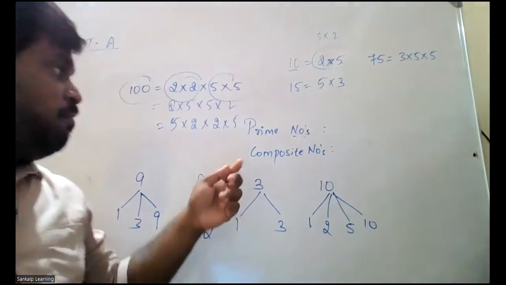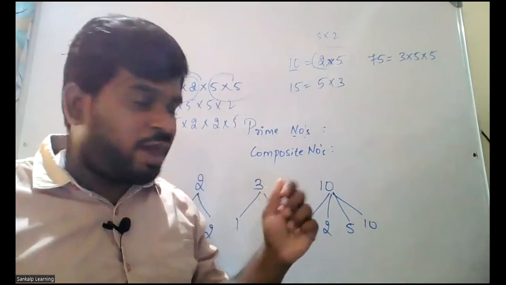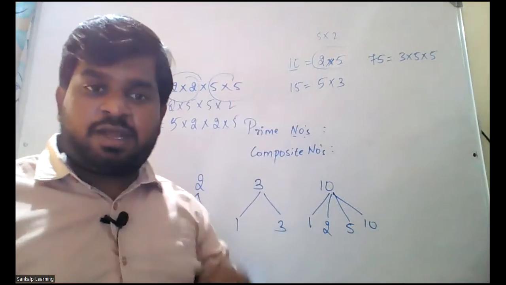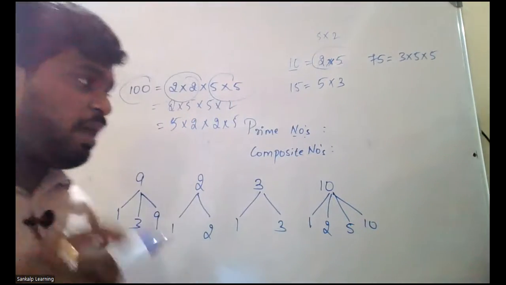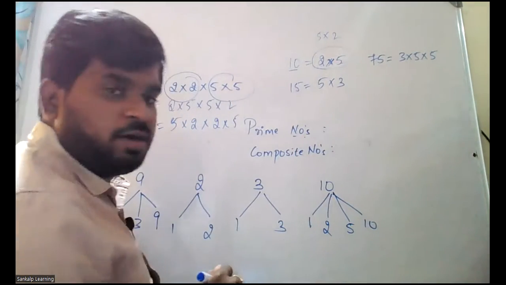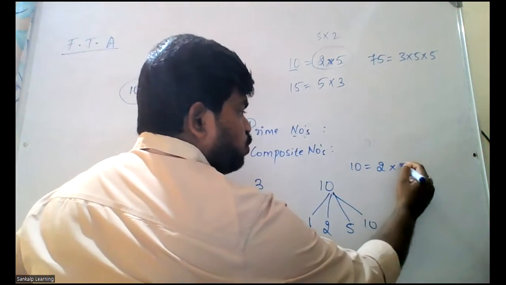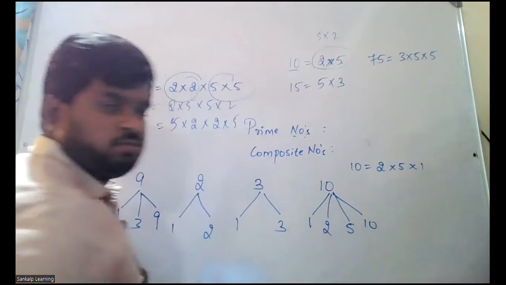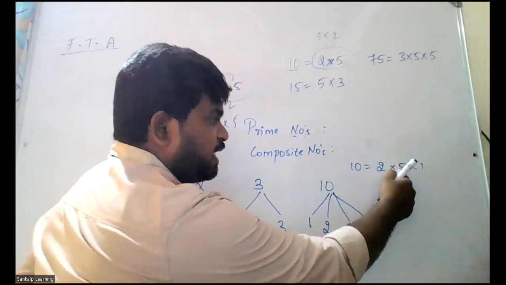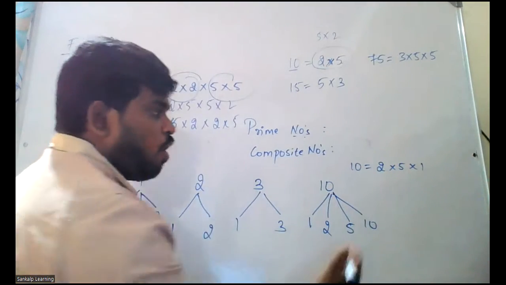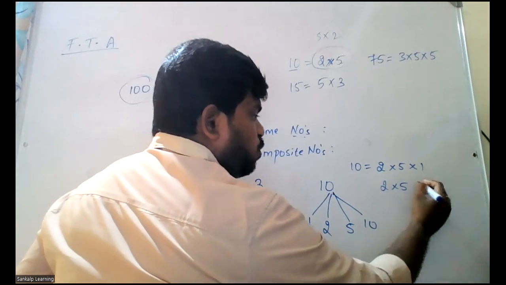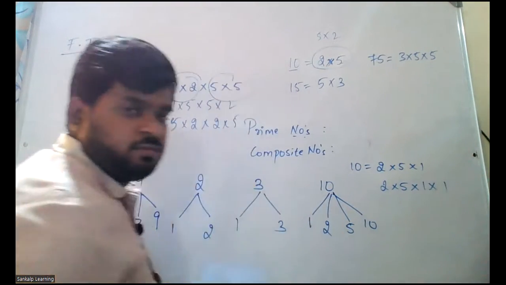Now let's come to why 1 cannot be considered a prime number. If I consider 1 to be a prime number, see what happens. This 10 can be written as 2 into 5 into 1. Isn't it? 2 fives are 10, 10 ones are 10. Or I can also write it as 2 into 5 into 1 into 1.